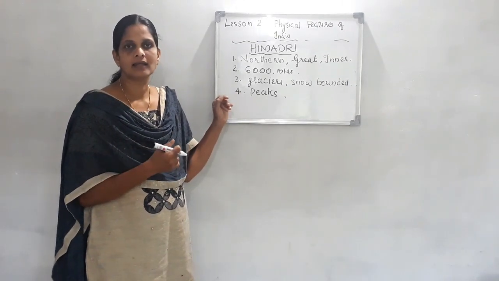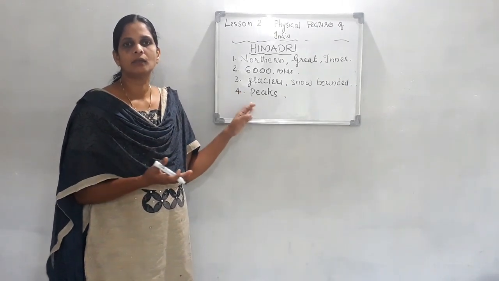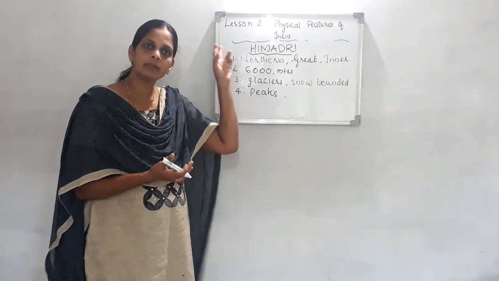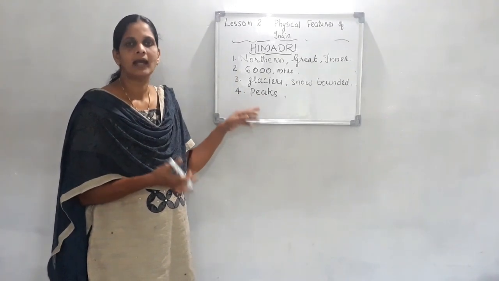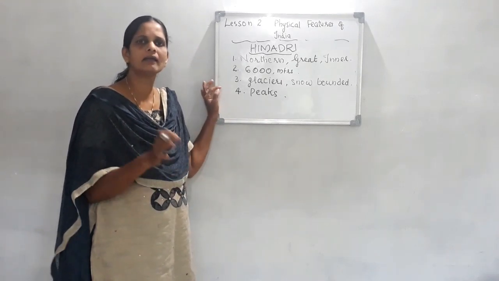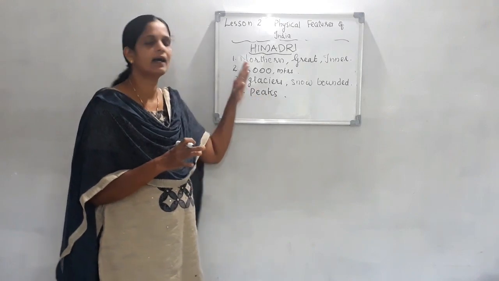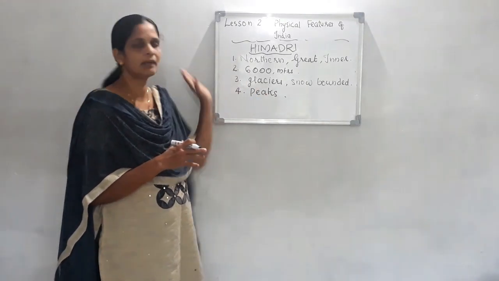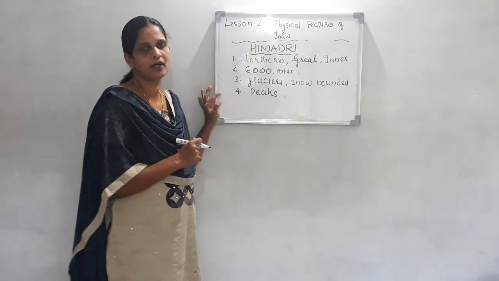As you know, the highest mountain peak in the world, Mount Everest, is located in the Himadri areas of Himalaya, and Kanchenjunga, K2 or Godwin Austen, all the peaks of Himalaya are located in Himadri areas. That is the next point.